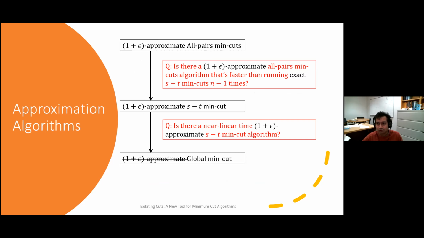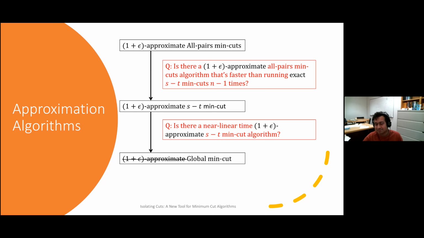And in fact, these two questions now translate to asking if there's a near linear time 1 plus epsilon approximate ST min-cut algorithm, and is there a 1 plus epsilon approximate all pairs min-cuts algorithm that runs ST min-cut fewer than n-1 times. And here, you can ask for a gadget that runs exact ST min-cuts, or you can ask for a gadget that runs approximate ST min-cuts. And this difference is important, and we'll talk a little bit about this difference in a couple of minutes.